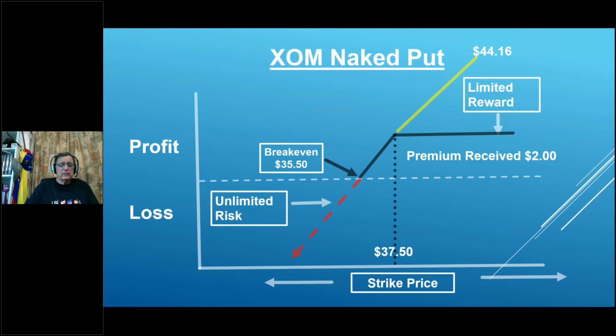I'll have no choice other than to buy it at $37.50. And whatever price, if it's below 35.50, it's a losing trade. Then I have a decision as to what I'm going to do. Okay. So this is a naked put. Naked because I don't own it. Okay. But I'm willing to sell you the right to sell it to me.